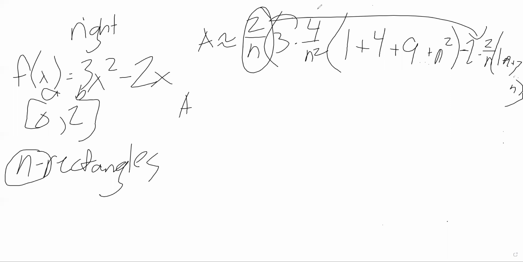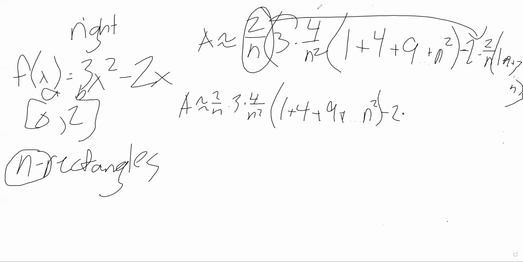So you end up with the area equals 2 over n times 3 times 4 over n squared times 1 plus 4 plus 9 plus ... n squared, because remember, there's infinite terms in between there, minus 2 times the 2 over n times another 2 over n times 1 plus 2 plus 3 ... plus n.